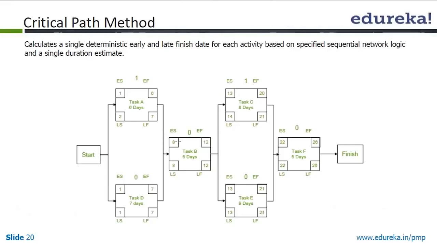Now we go to the next one. In this particular case, on a backward movement, we will take the least of the two. In the forward pass, we take the higher of the two. In the backward pass, we take the lowest of the two. So 14 and 13, 13 is the lowest. So 13 minus 1, 12 becomes your late finish for task B. So 12 minus 5 is 7, 7 plus 1.